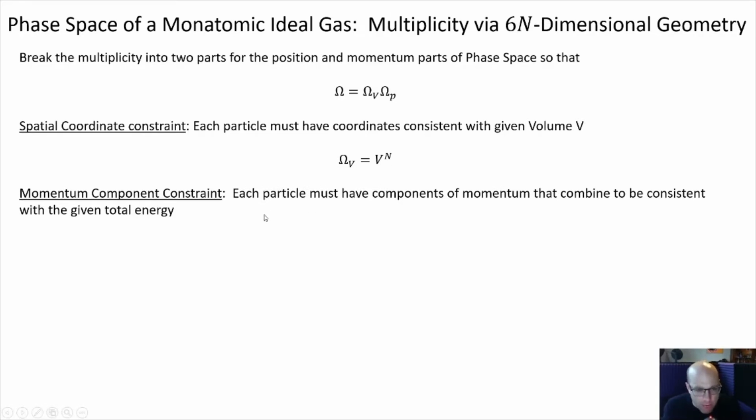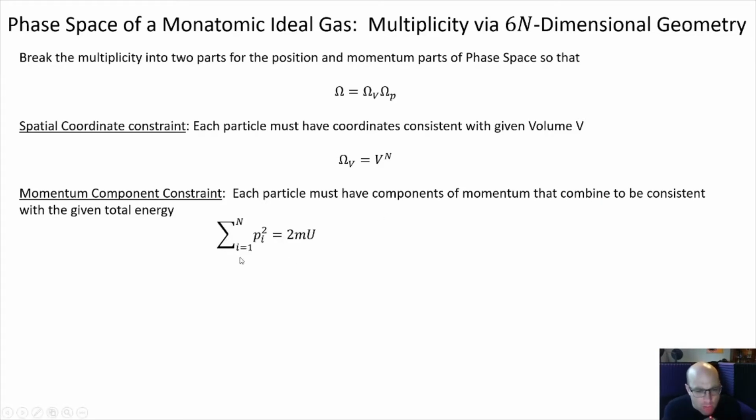The momentum constraint is more complicated. Each particle has to have three components of momentum, and they have to combine in such a way as to be consistent with the total internal energy of the gas.